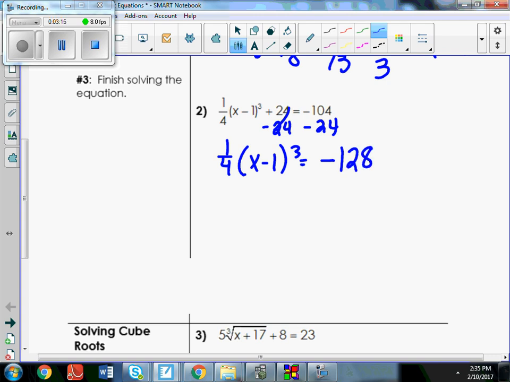Okay, I don't want to divide by 1/4 because that's not a good thing to do. You want to multiply. So we keep 1/4, we change divide to multiply, and we flip it. Keep, change, flip. So we're multiplying by the reciprocal, which just makes 1.